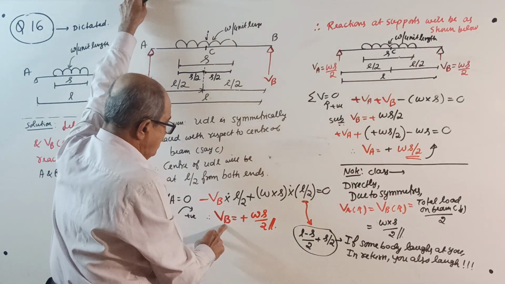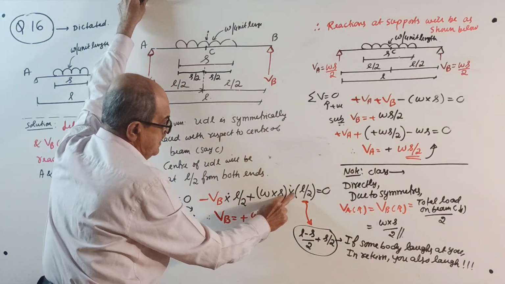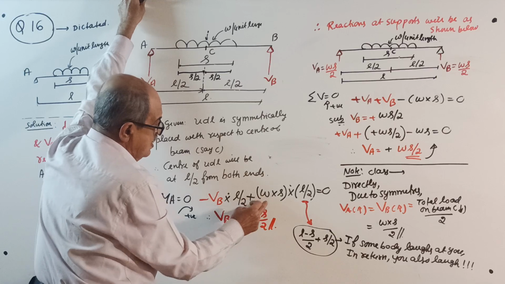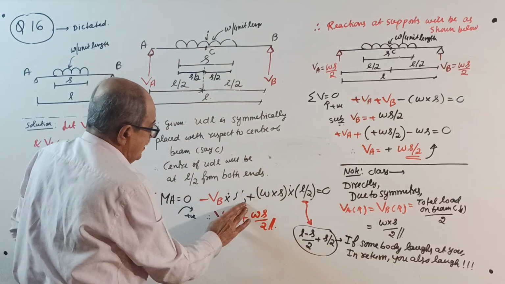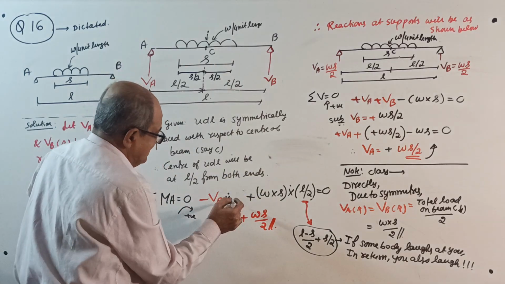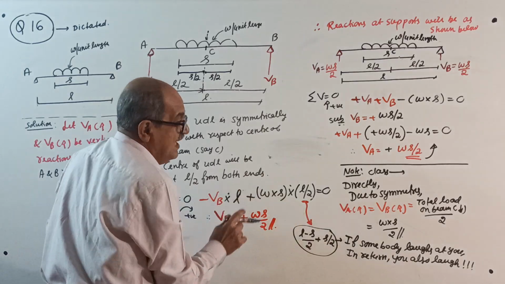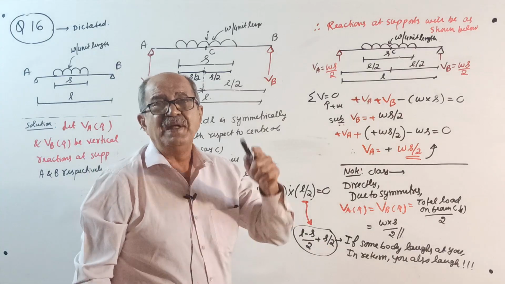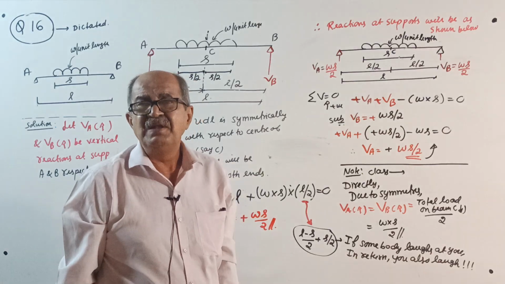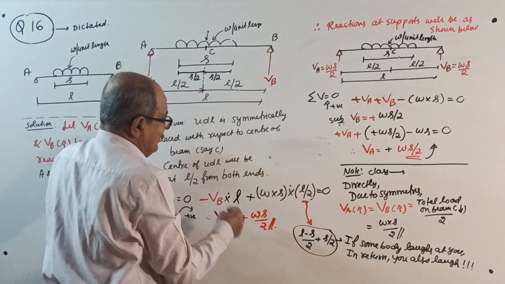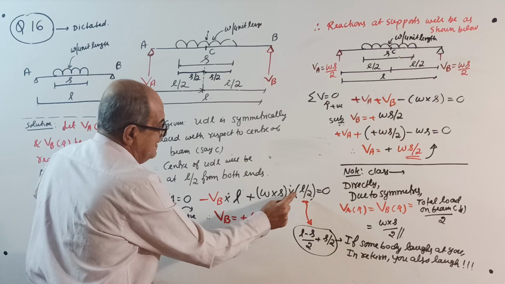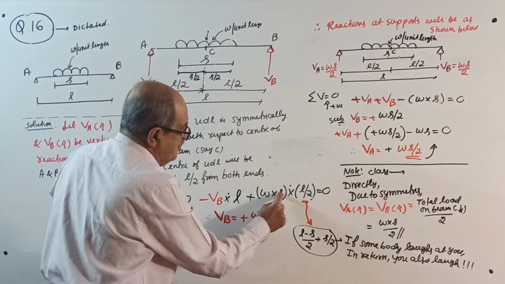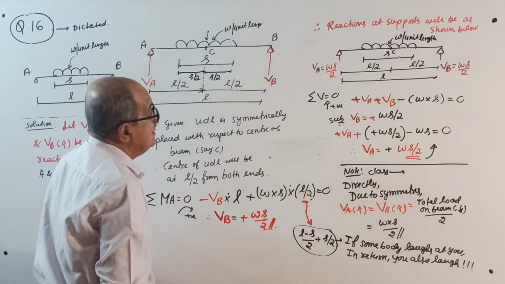You will get VB equal to WS into L by 2 by L. Here it is a misprint: I thought I was writing the moment of that load. It is minus VB into L, because L and L will cancel, and WS by 2 is the answer, VB.